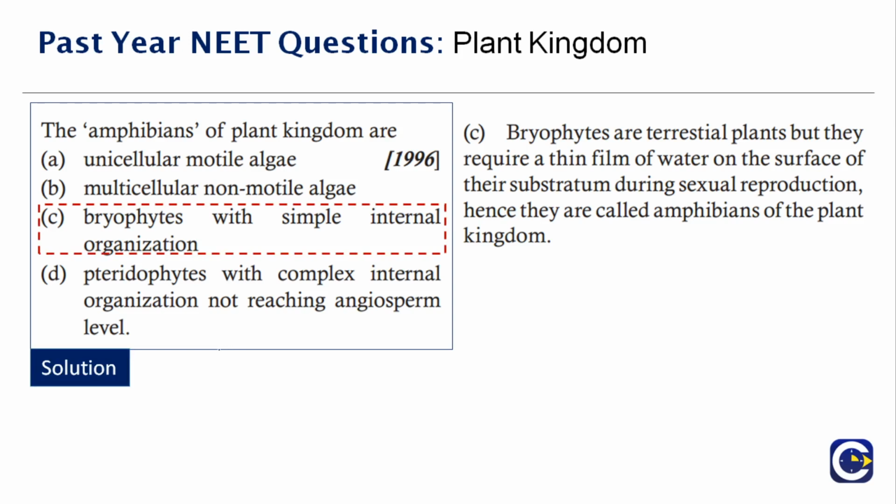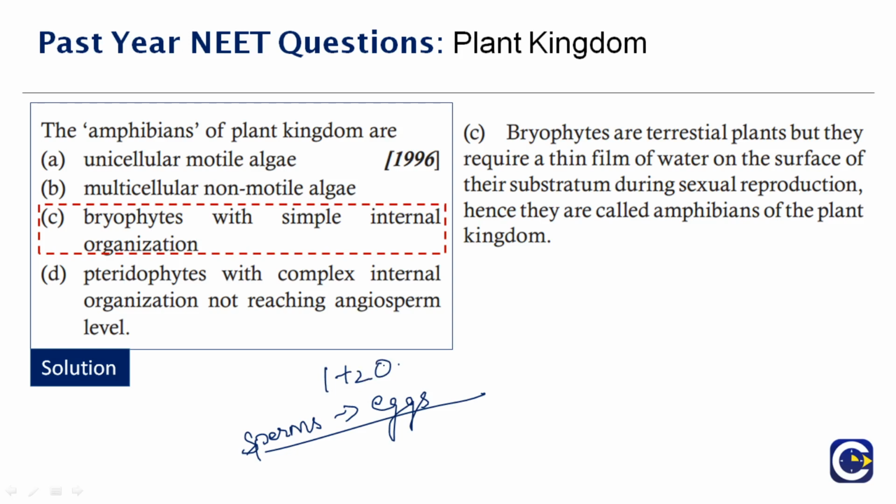As we all know, bryophytes are terrestrial plants, but they require a lot of moisture to remain intact and grow. Bryophytes have simple internal organization. Here, they need an external source for the transmission of the sperms to the eggs. In order for the sperms to reach the eggs, they require water. This water helps in delivering the sperms to the eggs. So they need an external medium for this transmission.